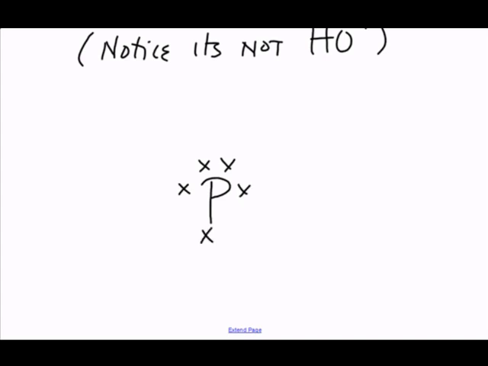Phosphorus has 3 polyatomic ions, and let me show you those. Phosphorus has 5 valence electrons, there's his X's, and we could scooch an oxygen here, and phosphorus will share with the oxygen on one side, and oxygen will steal with the other. Great.